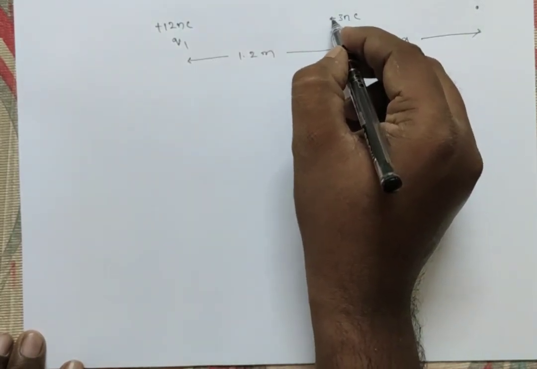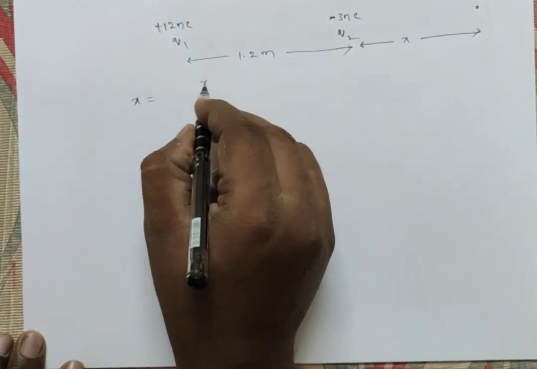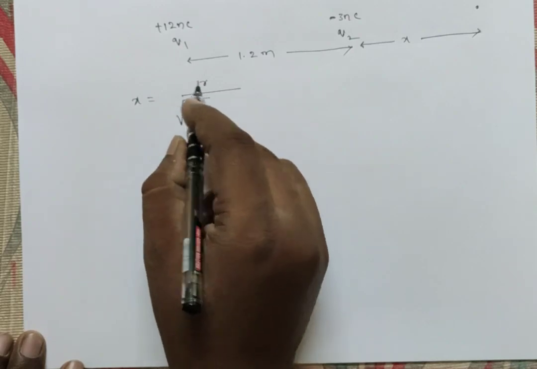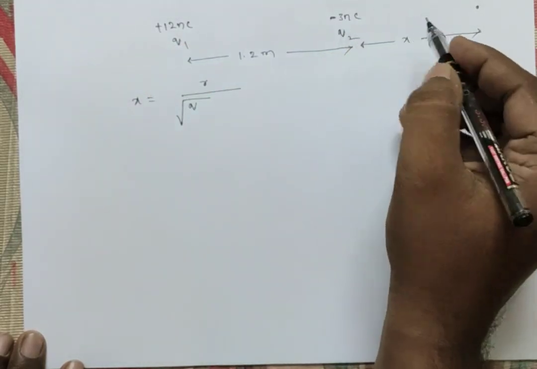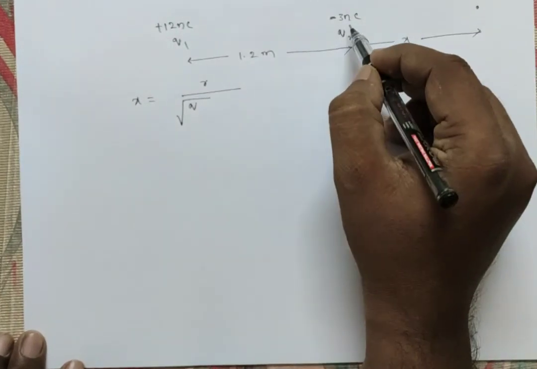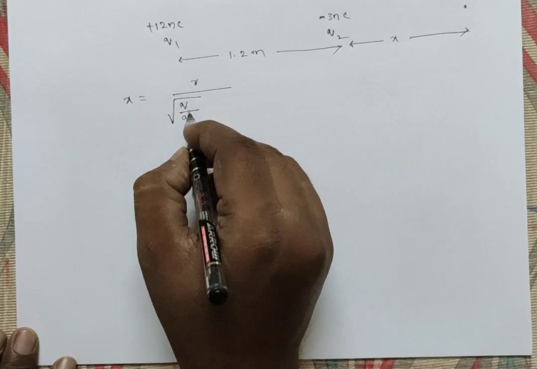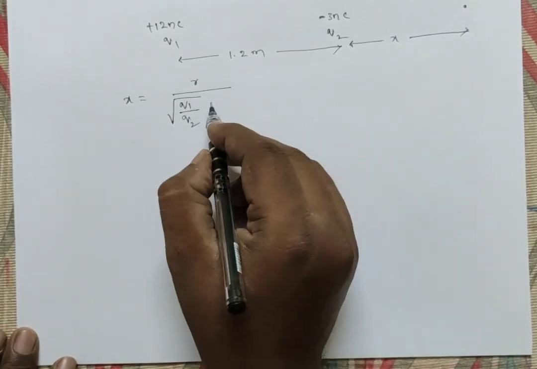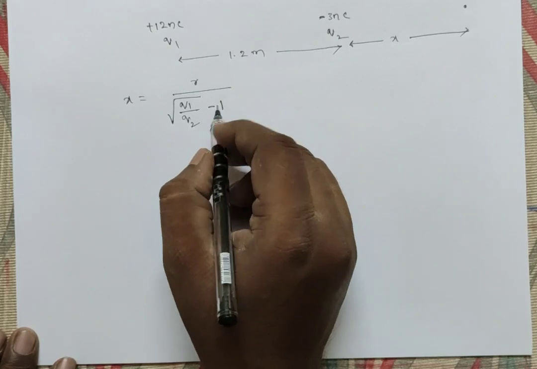There we told you for unlike charges the formula: x is equal to what? Total distance by the square root of what? If you are measuring from Q2, then Q2 is in the denominator, Q1 in the numerator. Minus 1 I have to write. Why? Plus is for like charges, unlike charges means minus.